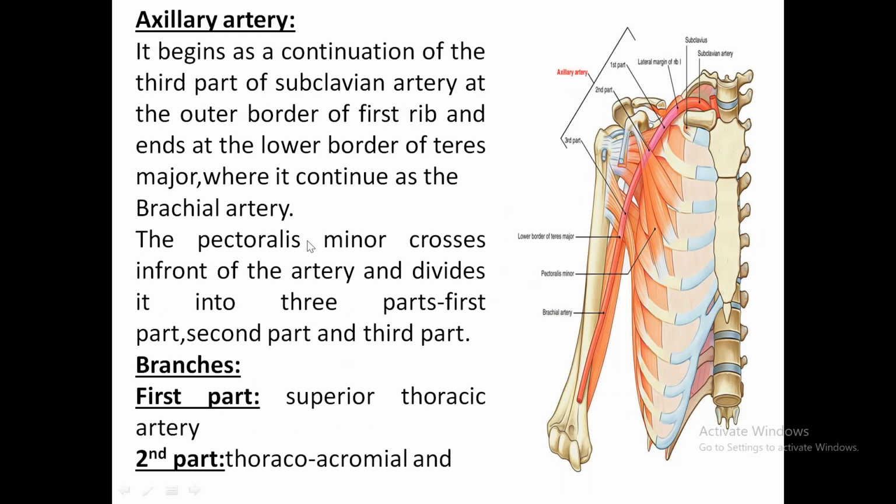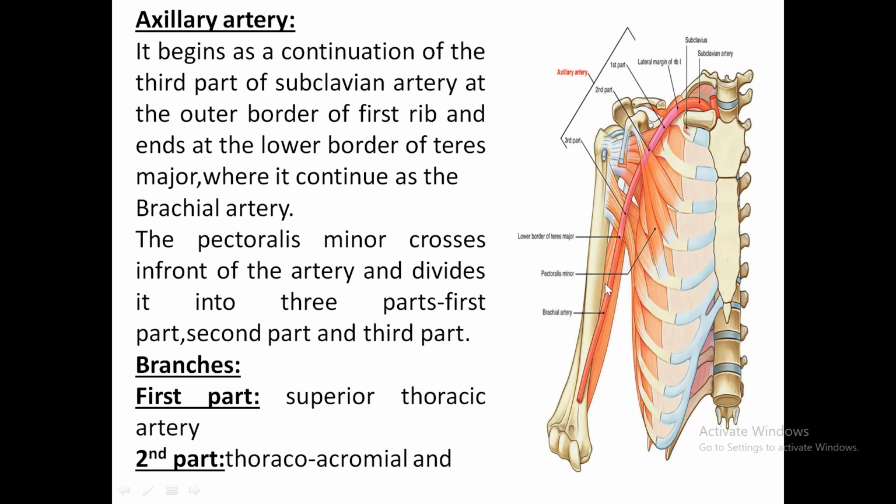Axillary artery. It begins as a continuation of the third part of the subclavian artery at the outer border of the first rib and ends at the lower border of the teres major muscle, where it continues as the brachial artery.